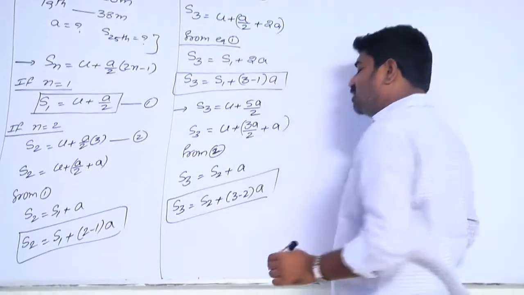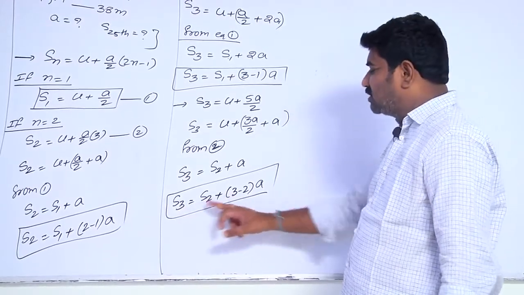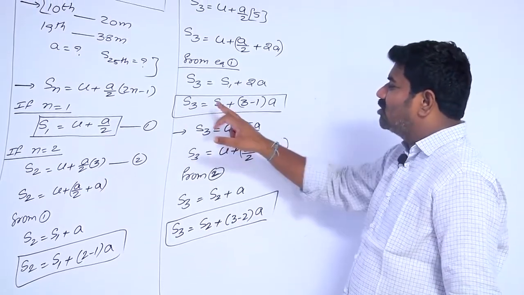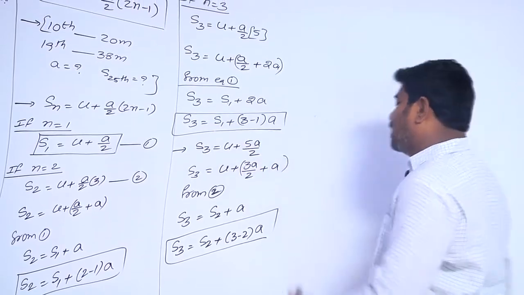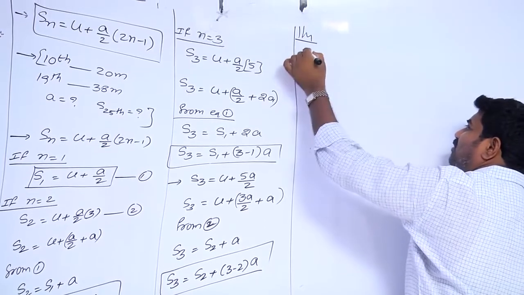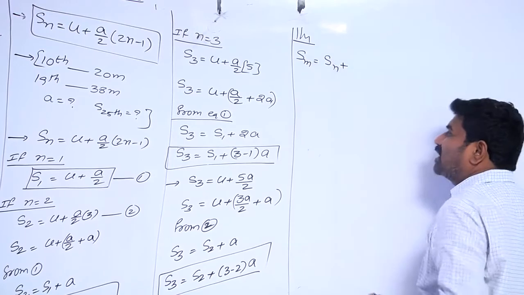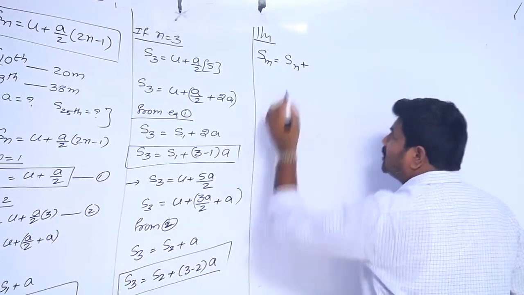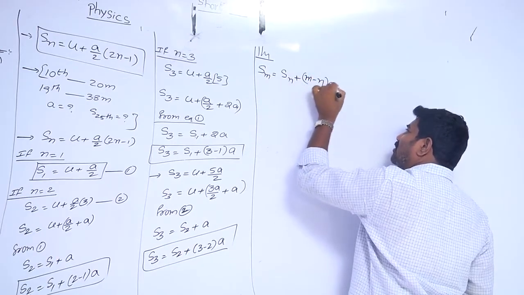So displacement in the third second is equal to displacement in the second second plus (3 minus 2) into a, or displacement in the third second is equal to displacement in the first second plus (3 minus 1) into a. Similarly, displacement in the mth second is equal to displacement in the nth second plus (m minus n) into a: Sm is equal to Sn plus (m minus n) a.